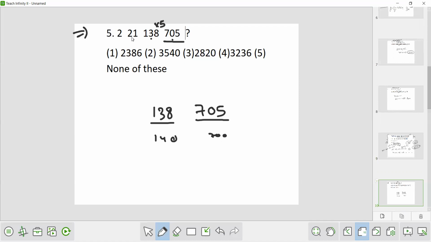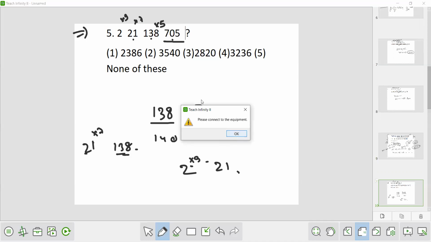Now 21 and 138. If you consider it 20 and 140, you will be tempted to write into 7 over here. Then 2 and 21, you will be tempted to write into 9 over here, like this, into 7, into 9. Okay, you can try it by this.